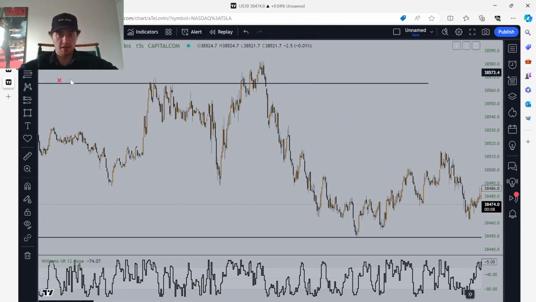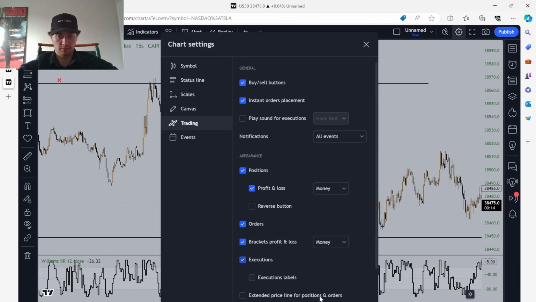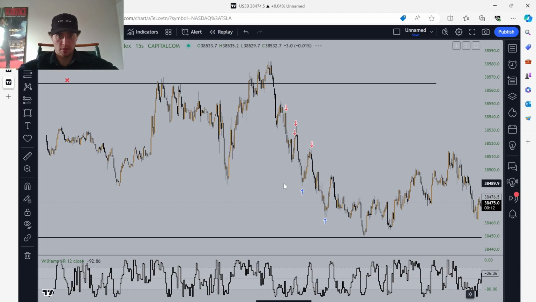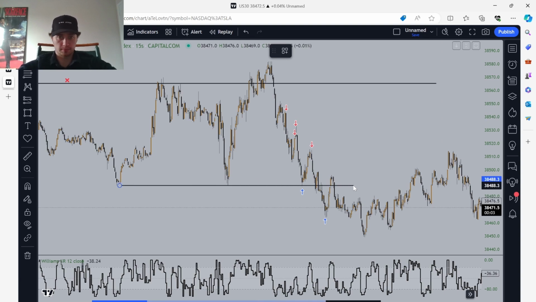And so here we can clearly see that we have the SMT divergence from that 3-minute chart. Just going to add the executions here. And there we go. So I'm just going to get rid of this sell side liquidity pool, and we're just going to highlight this one here. We're going to take a deeper look.